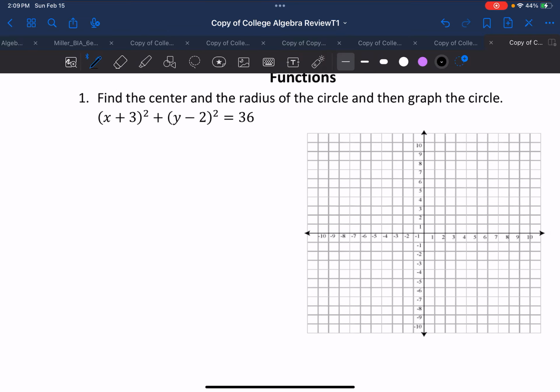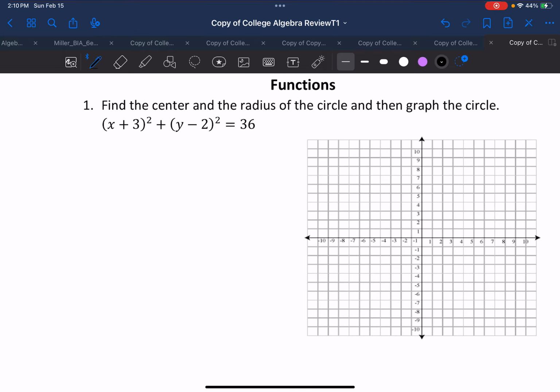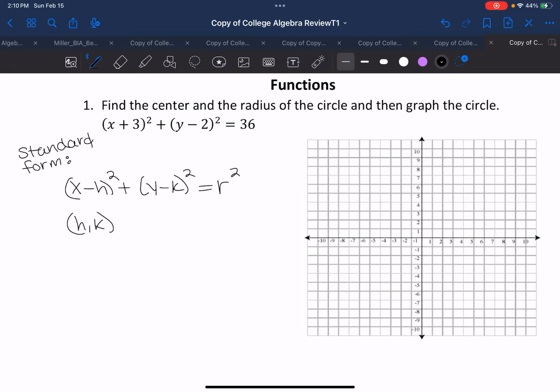Okay, next one says find the center and the radius of the circle and then graph the circle. So the standard form of a circle is given by (x minus h) squared plus (y minus k) squared equals r squared, where (h, k) is the center of the circle and r is the radius of the circle.